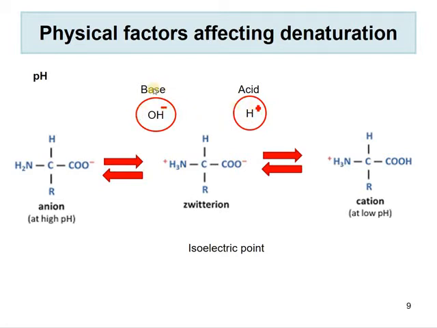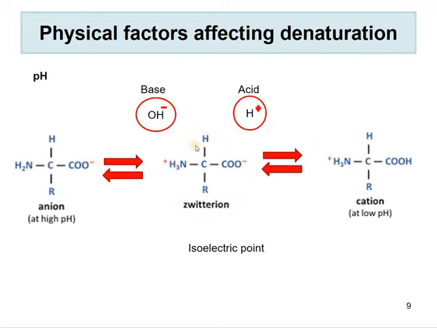When you add a base by increasing the pH, you add hydroxyl groups. So when adding a proton to a zwitterion, you protonate the acid group, and you end up with a charge of positive 1. However, if you were to add a base, you deprotonate the amino group, ending up with a negative charge.